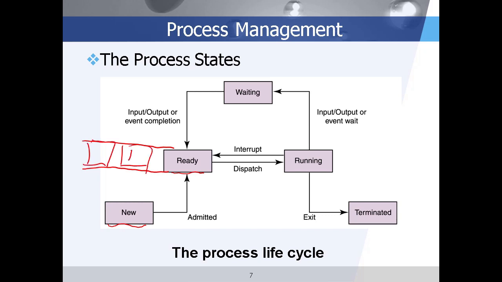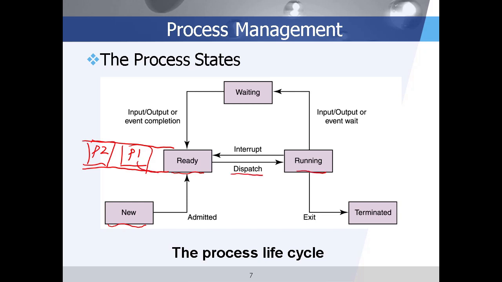Suppose this is P1, process 1, and this is P2, process 2. Both are in the ready state, and because you only have one CPU, only one process can be chosen to run. Suppose P1 has been chosen to run, so P1 will change to the running state.